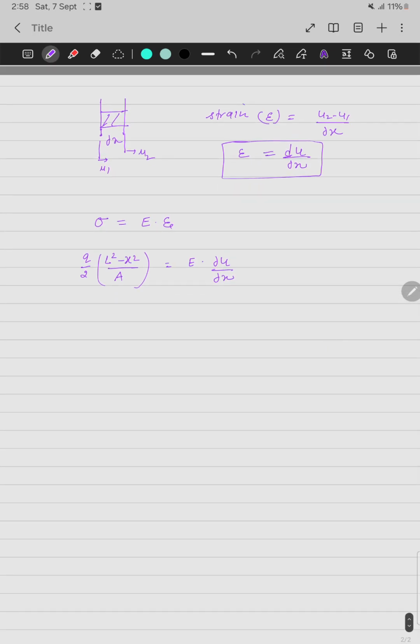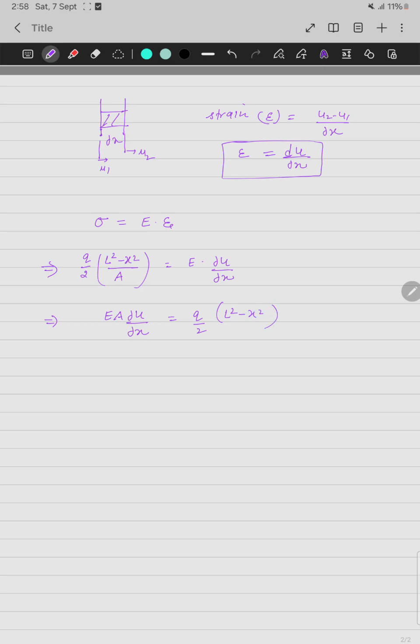Now just rearrange this equation. So we will get EA del u by del x equals q by 2 times L square minus x square.